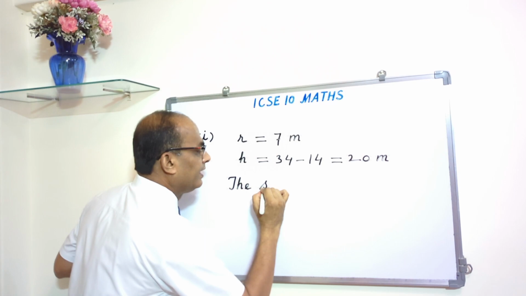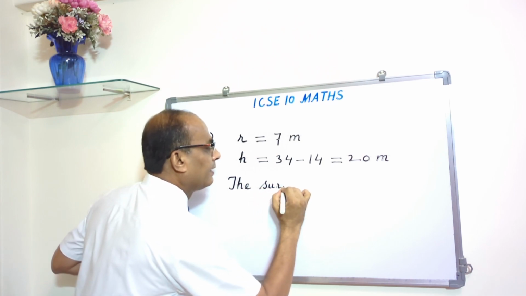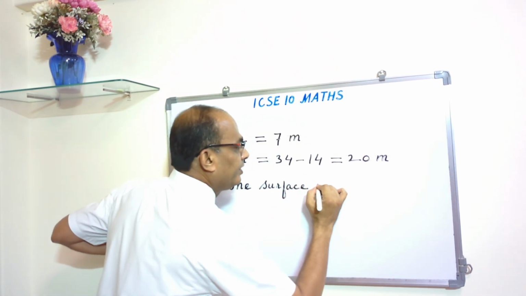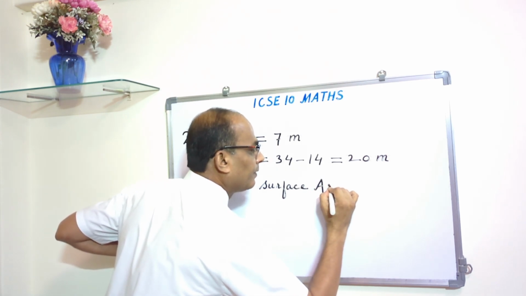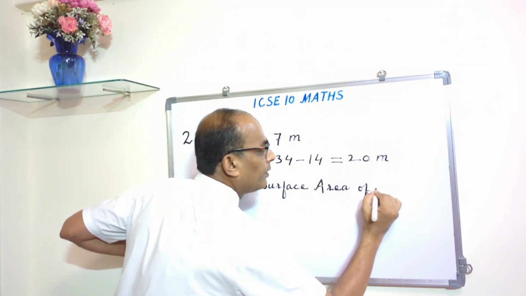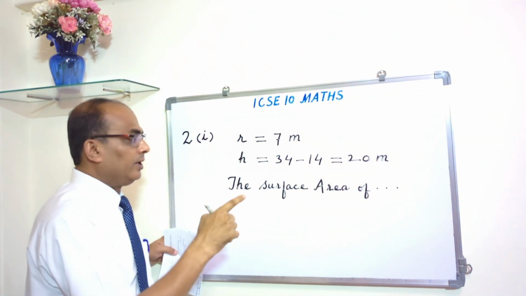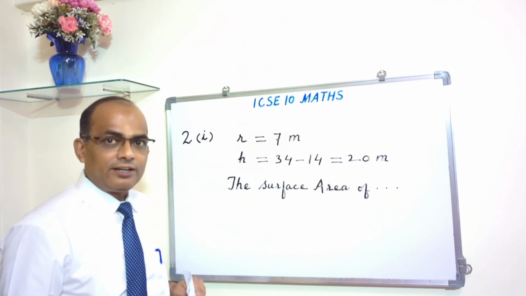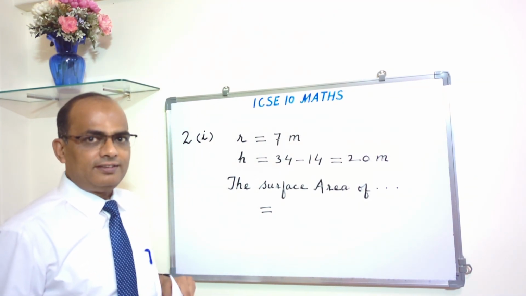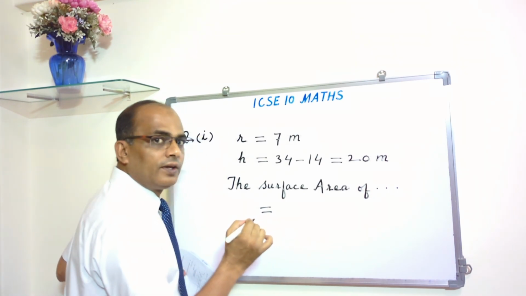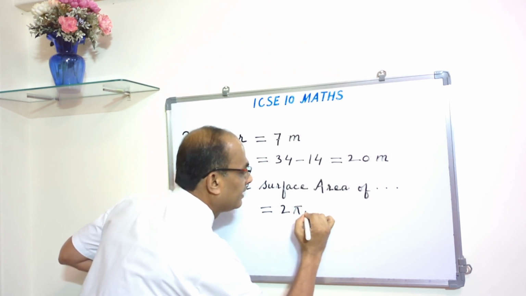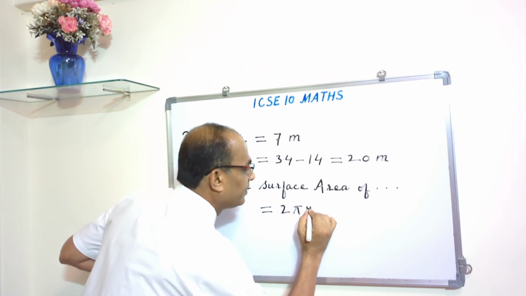You write in full, the surface area of the tank in contact with water, and that is equal to what we discussed, 2 pi r square.